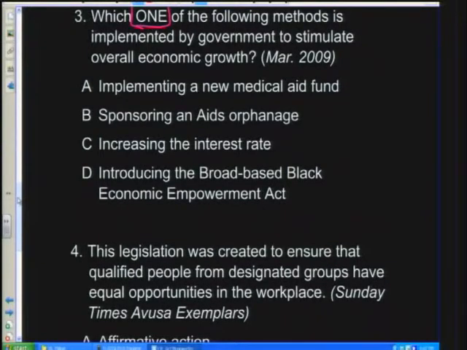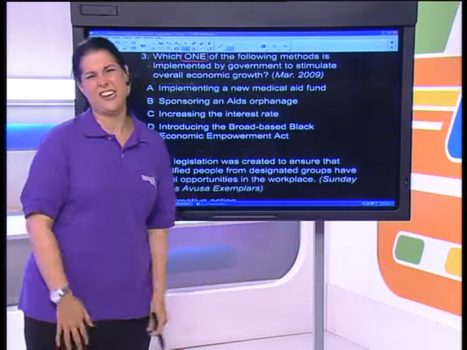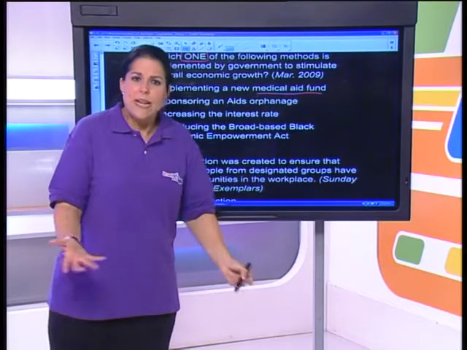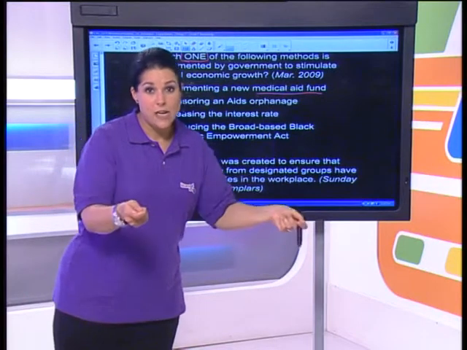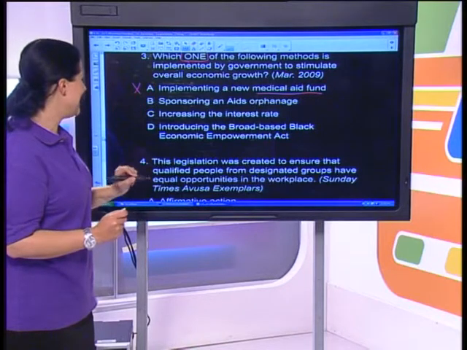Do you think if there's a new medical aid, something like Discovery, this big medical aid, how are we going to... No, guys, we need to pay to get medical aid. Why would that make the economy grow? Because now we're spending more money on getting medical aid. So it's not that one.